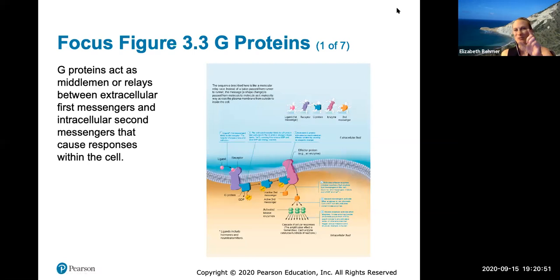I promise there will be a reason for this that you guys will find interesting. G proteins are special receptors, middlemen or relays between extracellular messengers and intracellular second messengers. So G proteins are the middlemen that activate second messengers on the inside of the cell.